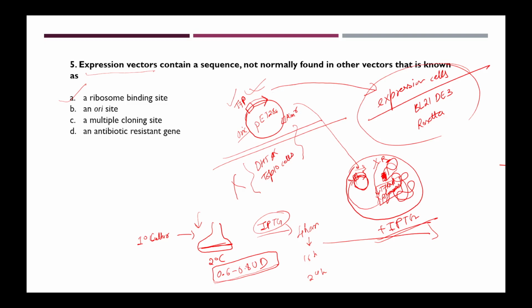We can add it at the initial phase also, as soon as they grow and IPTG starts acting, and the protein will start overexpressing. But the reason we do not use IPTG in the beginning is that you are expressing a heterologous protein, a eukaryotic protein, inside a bacteria.